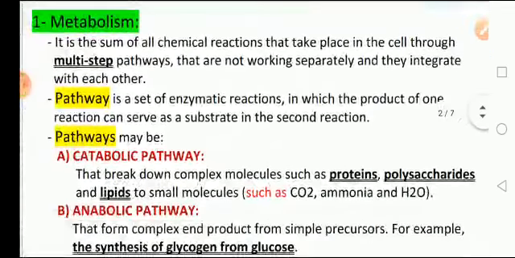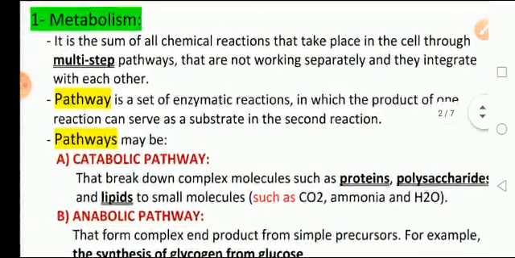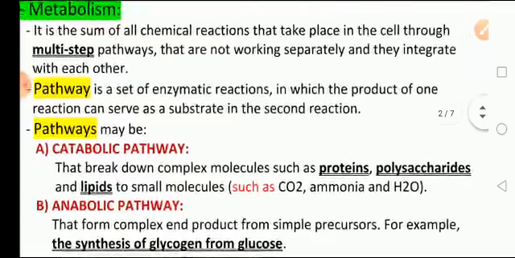A pathway is a set of enzymatic reactions in which the product of one reaction can serve as a substrate in the second reaction. So, substrate number 1 would form an enzyme substrate complex with enzyme number 1 to give me product number 1.